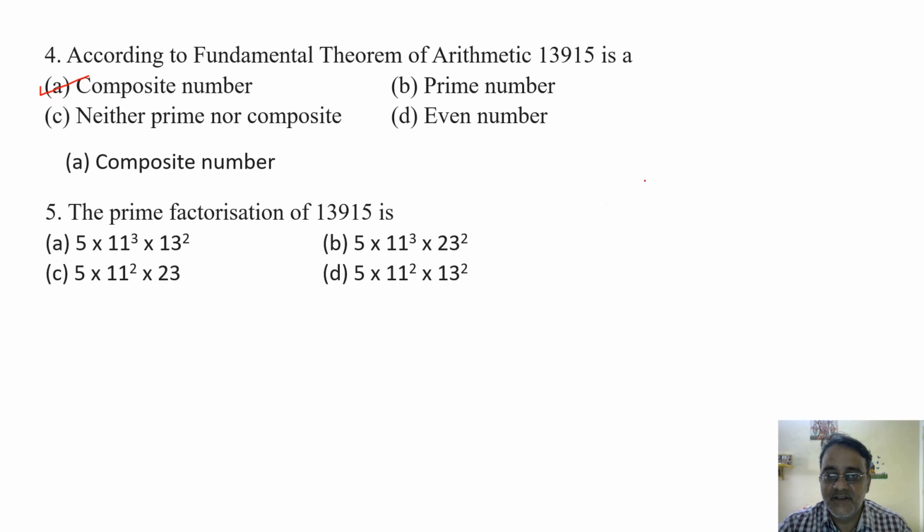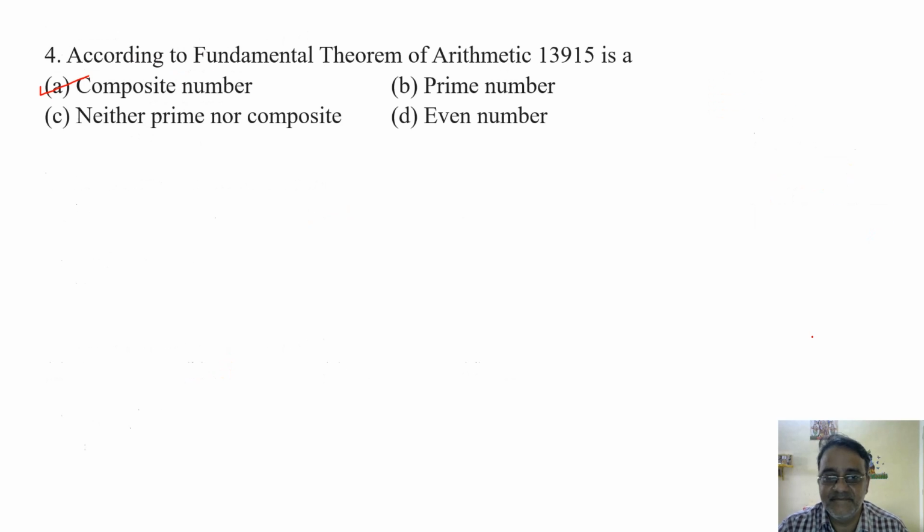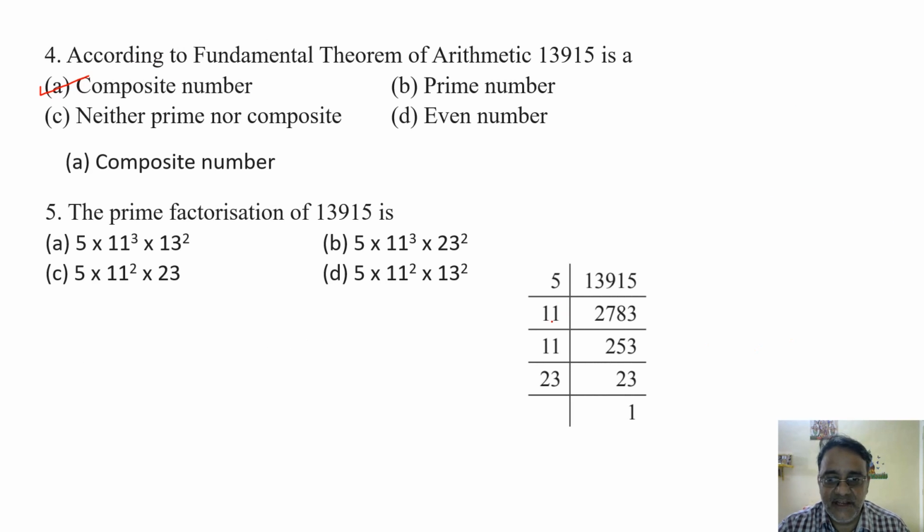Now the last question, prime factorization of 13,915. We already have the answer. One minute, instead of finding it again, let's look at the answer on the back side, right? The prime factorization is 5 into 11 into 11 into 23. Clear? Yes, sir. Otherwise you can find it this way also, but why waste time? The factor tree is already given.